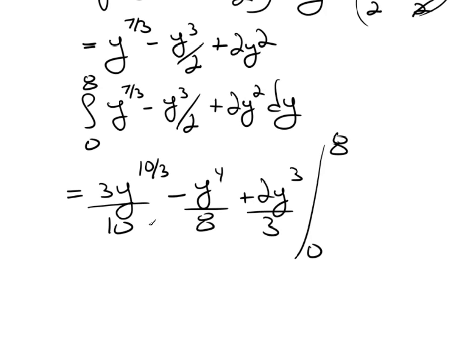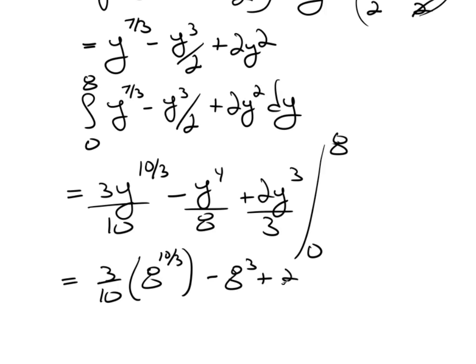The 0 is nice, so I'm subtracting 0. That's no big deal. So this is going to be 3/10 times 8 to the 10/3 minus 8 to the 4th over 8, which is just 8 cubed, plus 2/3 times 8 cubed.